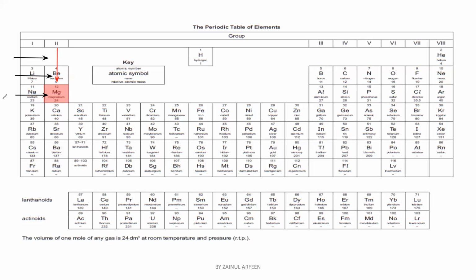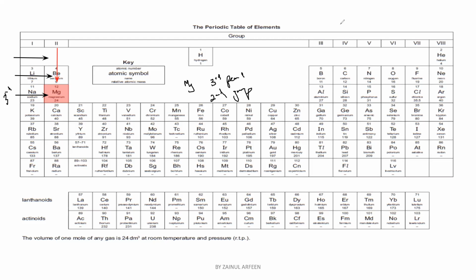So magnesium belongs to the third period. It is a third period element and a second group element. Is the concept of group and period clear? The period represents the number of shells we use in an atom.